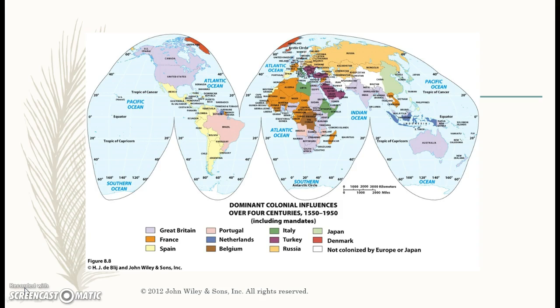Japan, in Eastern Asia, we don't talk a lot about Japan in Asia, but that was a pretty big colonial influence. Turkey has a huge influence, especially when we look at the Ottoman Empire. A little bit with Denmark, mostly in Iceland and Greenland. And Russia, with colonization going on all over Eastern Europe into Asia.